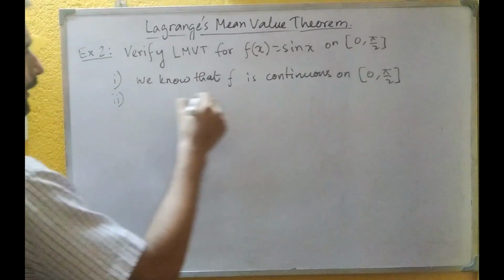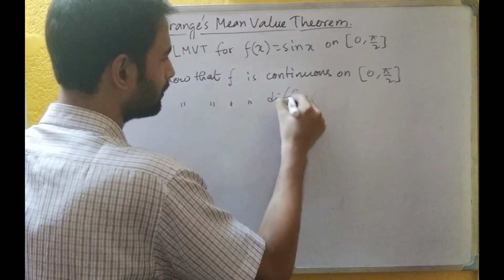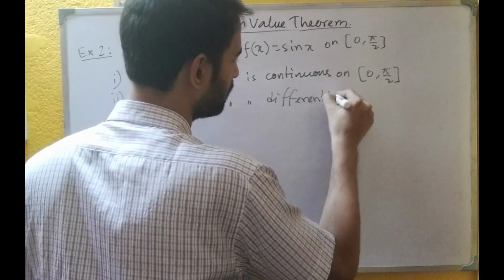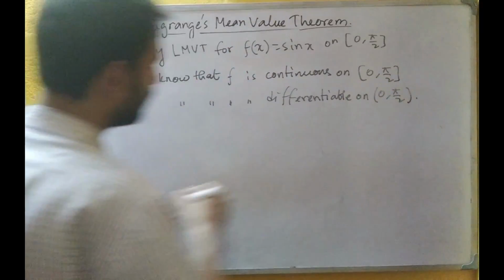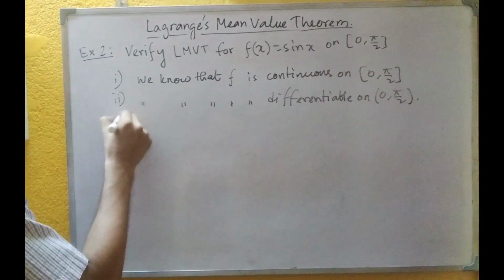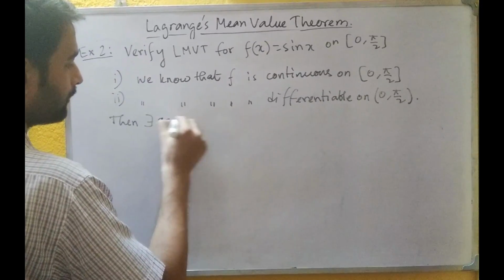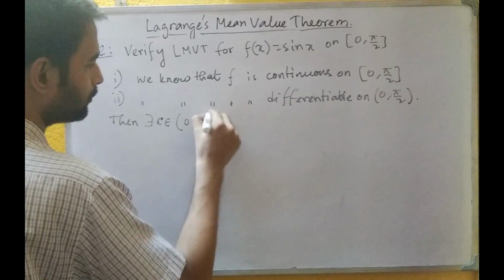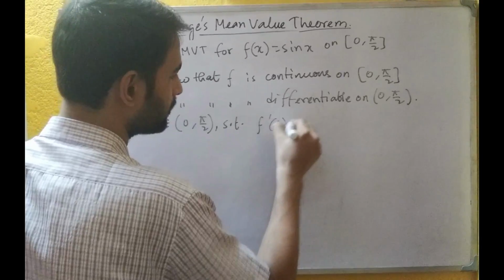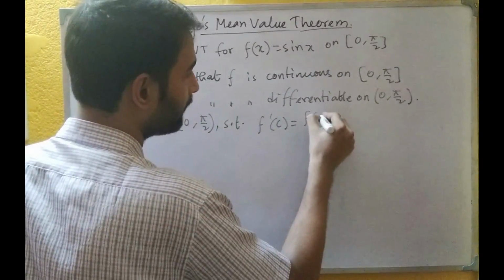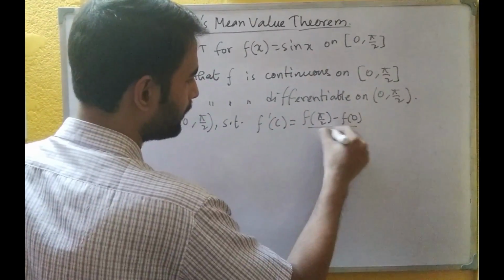Also, it is differentiable on the open interval 0, pi by 2. So what we can conclude is there exists at least one point c within the open interval 0, pi by 2 such that f dash c is equal to f of pi by 2 minus f of 0 over pi by 2 minus 0.